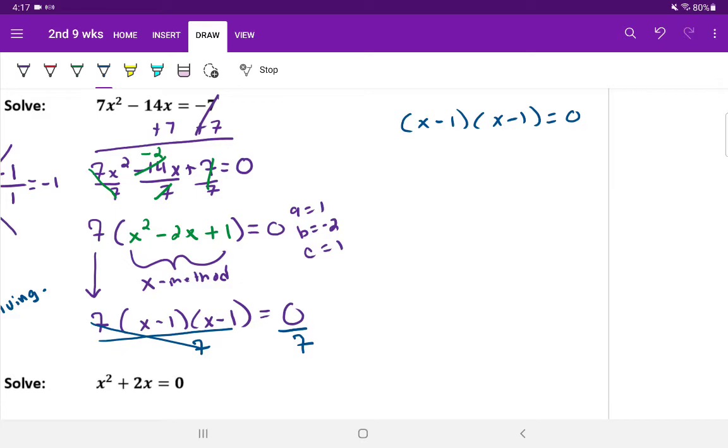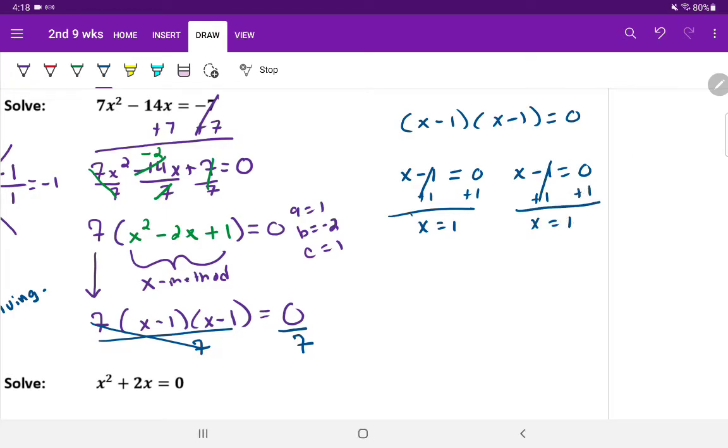Then we apply step 5, where we take each factor and set it equal to 0. They happen to be the same number. Again, this is a double root. Let's add 1 to both sides. You get x equal to 1. So we get two 1s here. It's a double root.